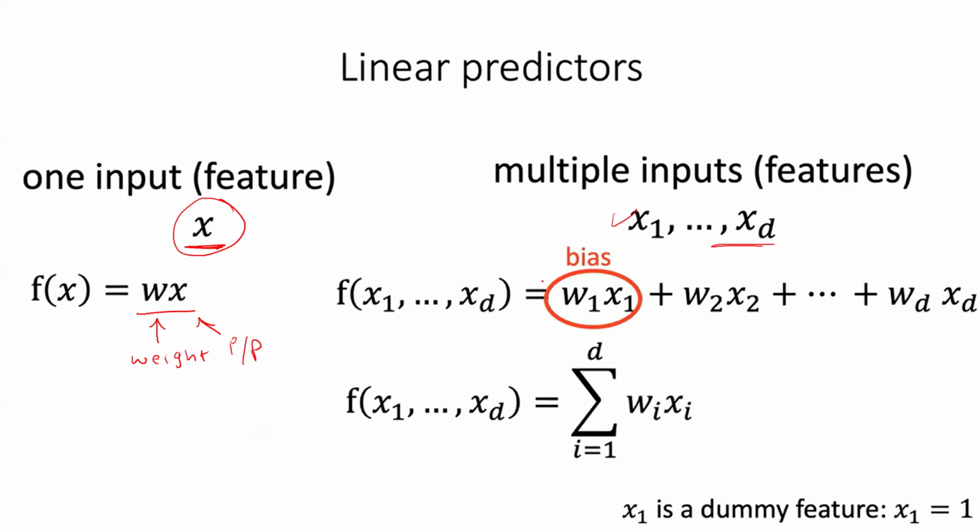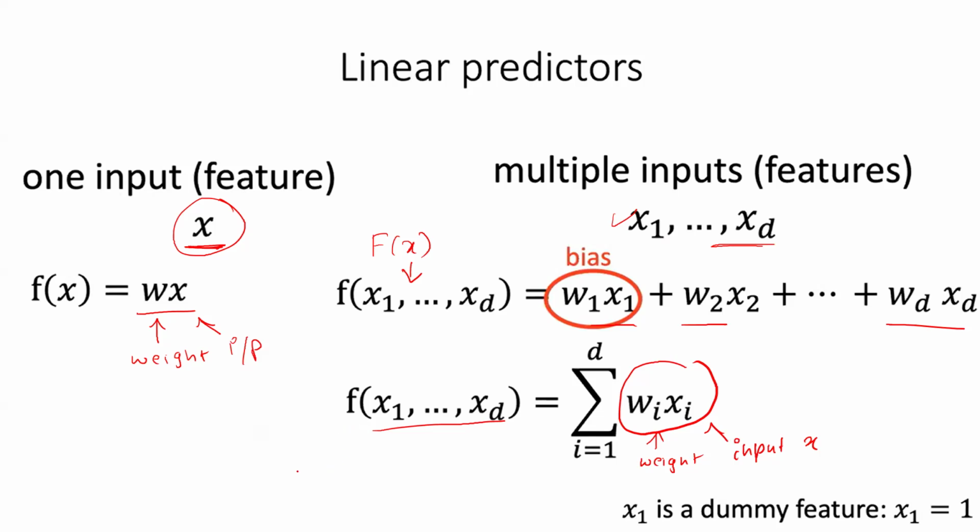The function f of x is written as f of x1 up to xd, which is equal to w1 x1 plus w2 x2 up till wd xd. You can see that f of x1 up to xd is the summation of the different weights times the different inputs x.